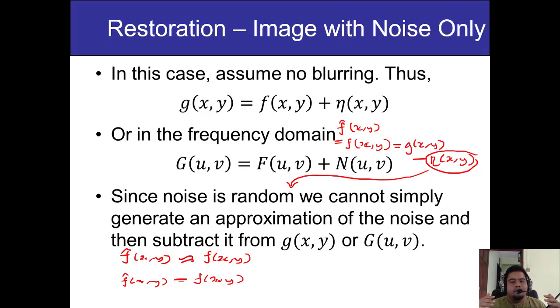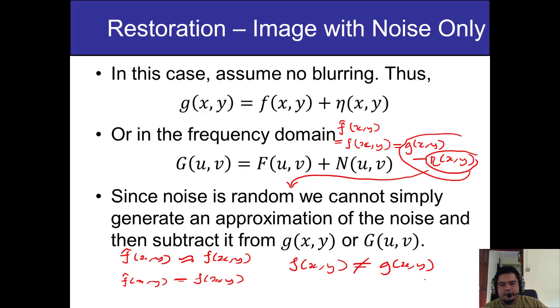Because it is in the form of a random signal, you cannot simply generate an approximation of noise and do this expression. In order for you to get f(x,y), you cannot simply take your g and subtract your noise. The reason is that this one is a fixed value, but this one is a random value.